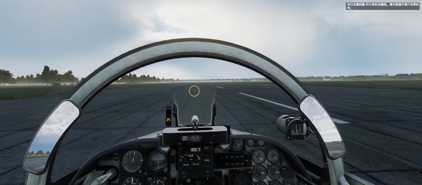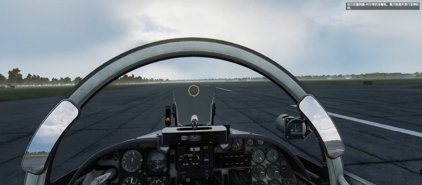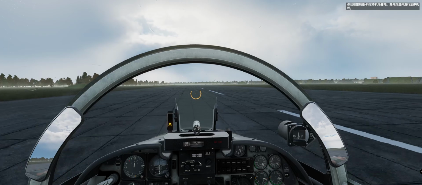You have landed at the Senaki-Koli airfield. Clear the runway and taxi to the parking ramp.